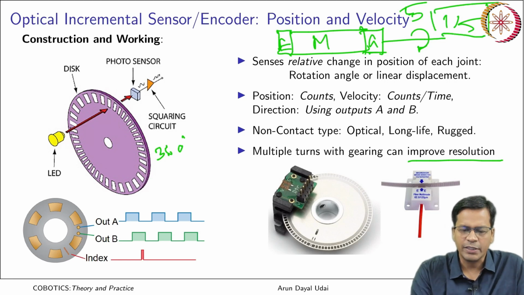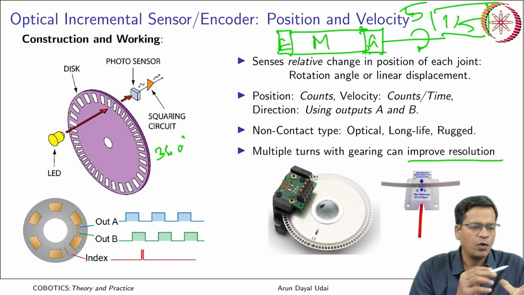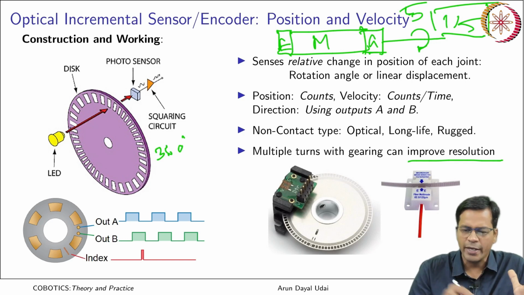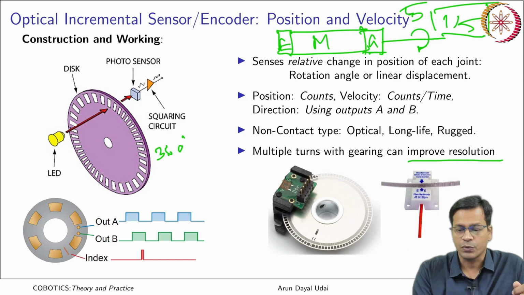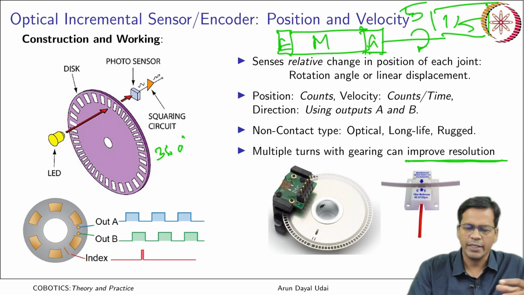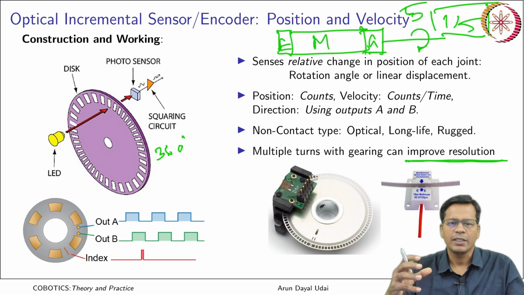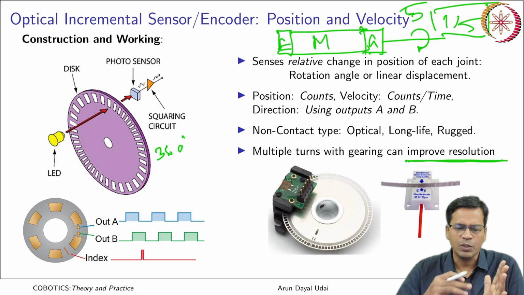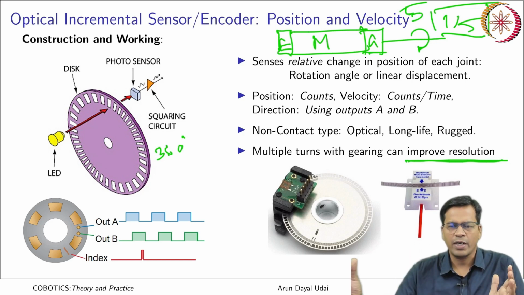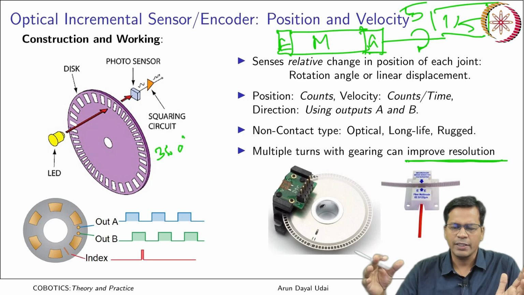So what effectively it has done is, for 360 degrees by 5 rotation, it has given you 360 counts. So that is the beauty of it. If it is fitted like that, in that case it can improve the resolution also. So in case of motors, normally it is fitted behind, that directly gives you the count. In front you have a reducing gear which effectively reduces the speed and increases the torque.